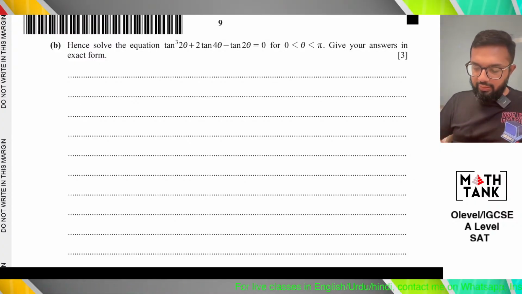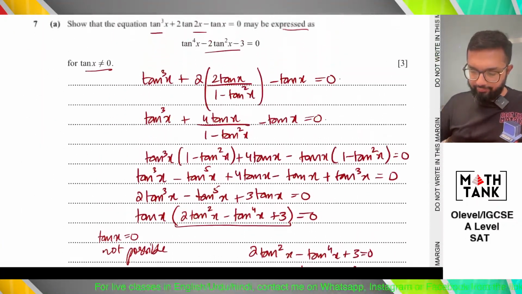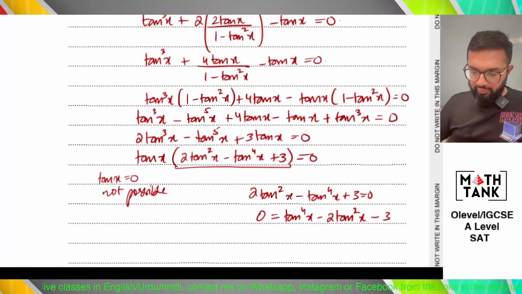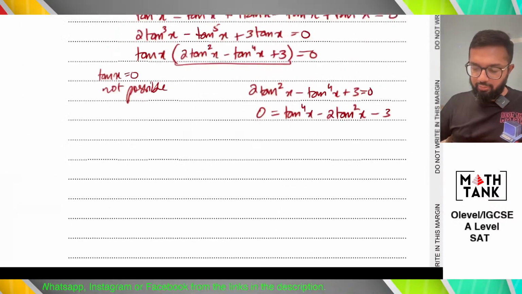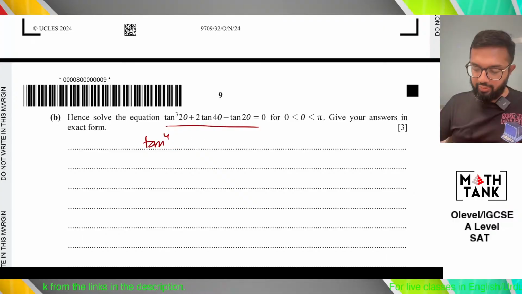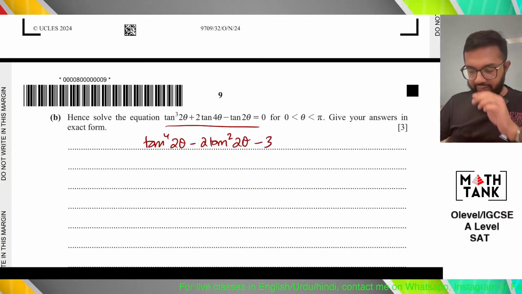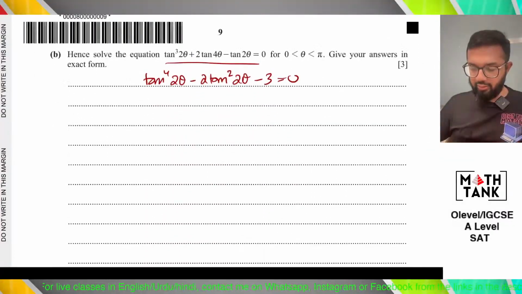So this is the same as the previous one, so it's going to boil down to tan power 4 theta minus 2 tan square 2 theta, sorry, tan power 4 of 2 theta minus 2 tan square 2 theta minus 3, if I'm correct.